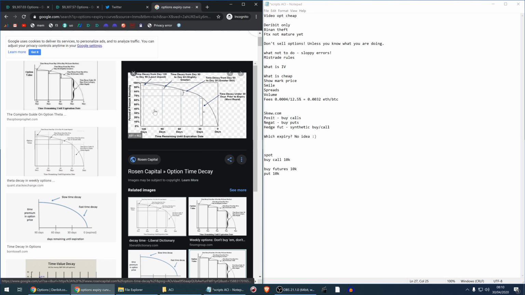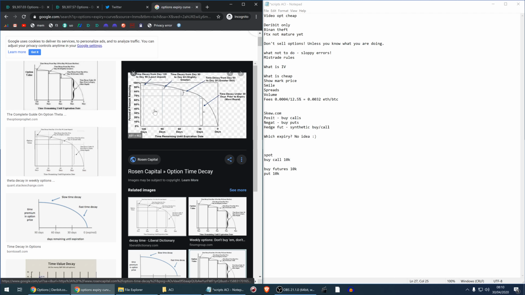But this is all priced in. The decay of the value of the option is low at the beginning, and then the closer we get towards the expiry, the theta decay accelerates. But this is all pretty much priced in, so it's difficult to take advantage of that.